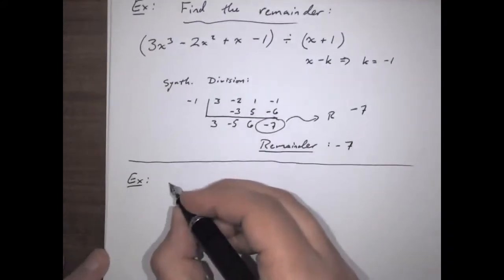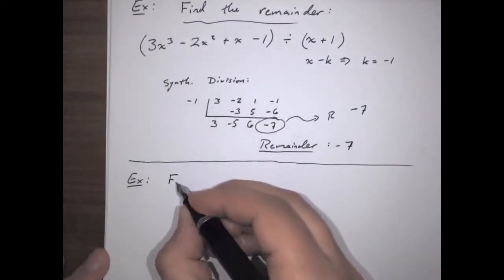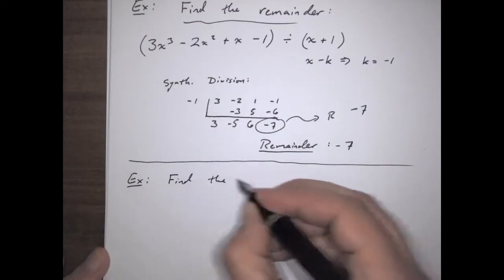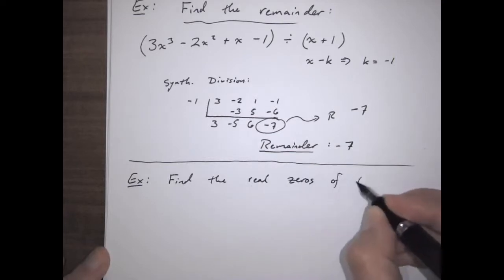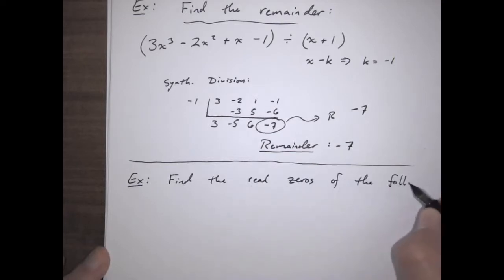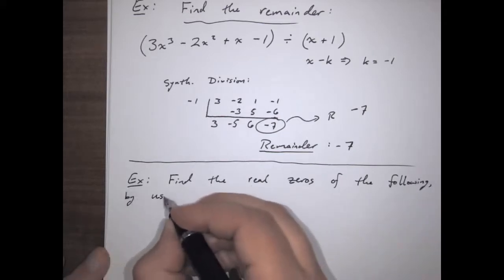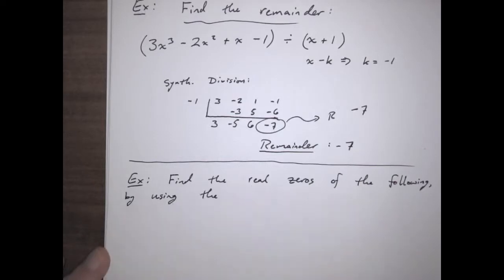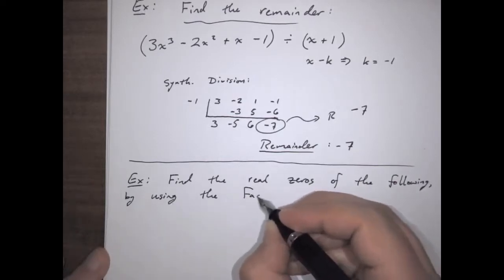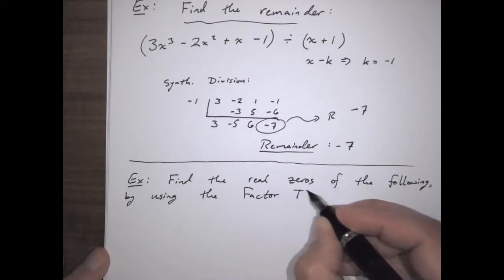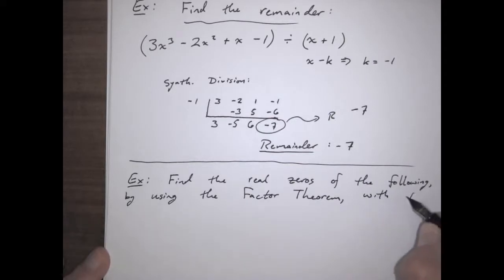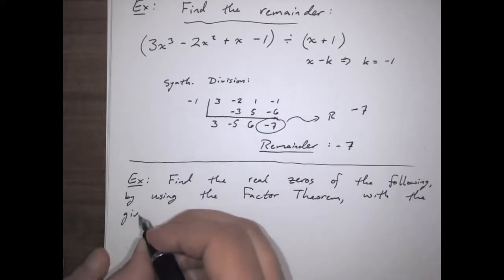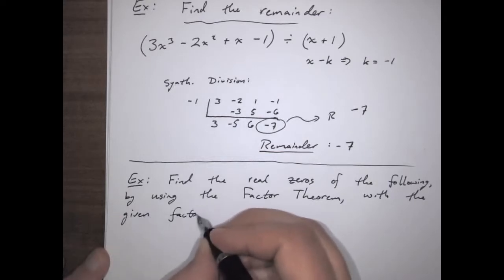So let's say find the real zeros of the following by using the factor theorem with the given factor.